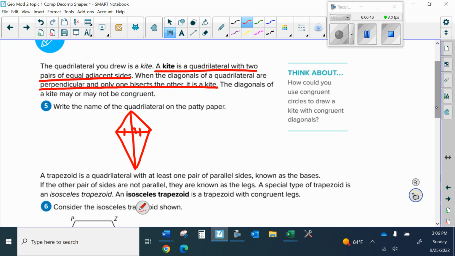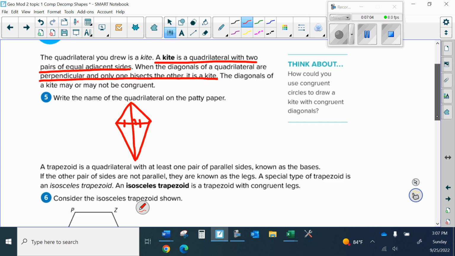So the longer diagonal is called a perpendicular bisector of the shorter diagonal. Okay, so that's what that's referring to. The diagonals of a kite may or may not be congruent. Usually never are congruent.